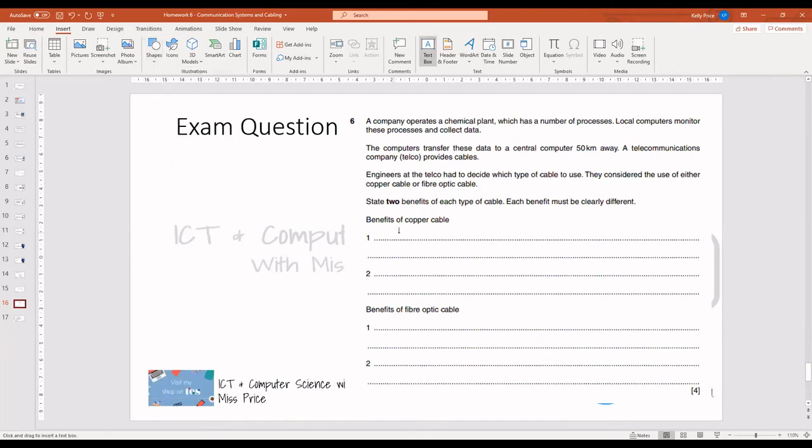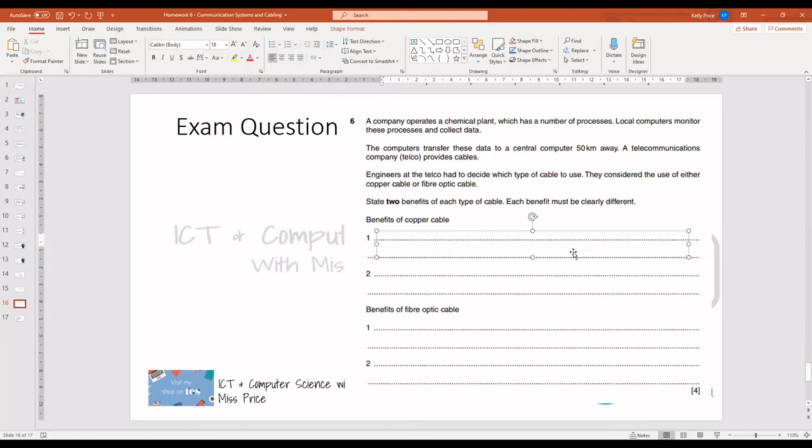So, right, now, benefits of copper cable. I'm going to stick to the most simple. So for a start, there's lots of knowledge with copper cabling. Okay, so I'd say that is definitely a benefit, because it is used universally. So that's one benefit.